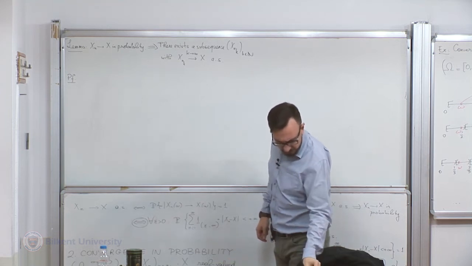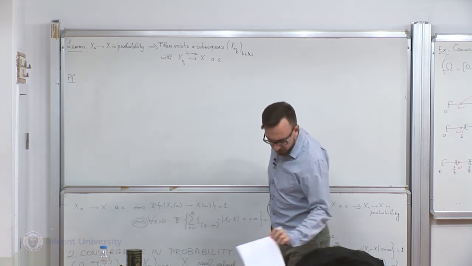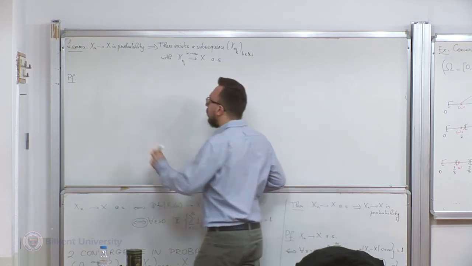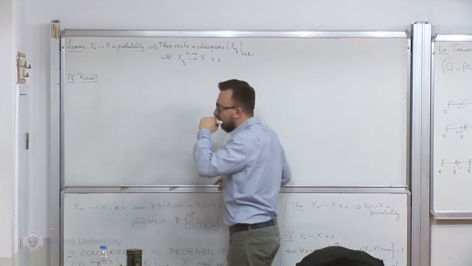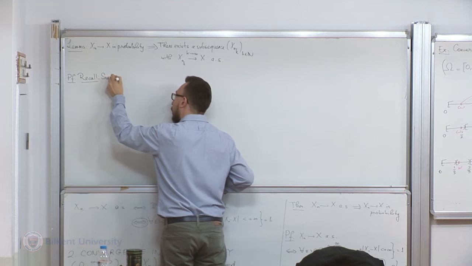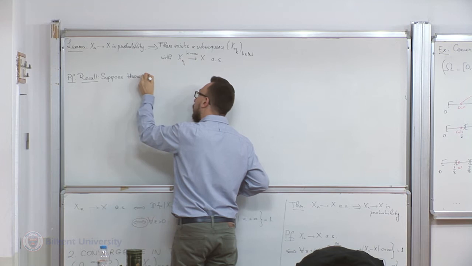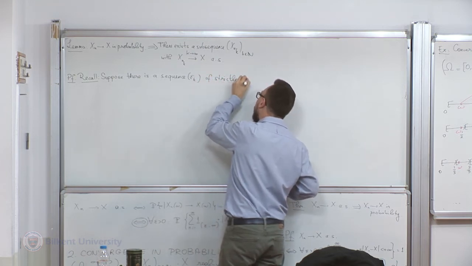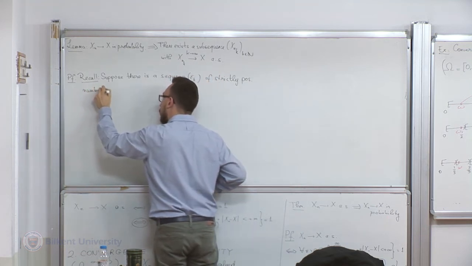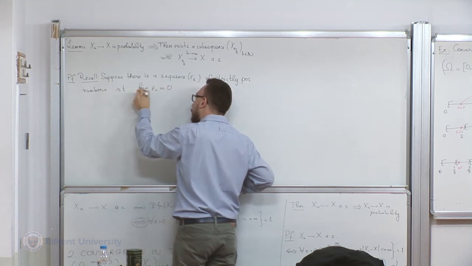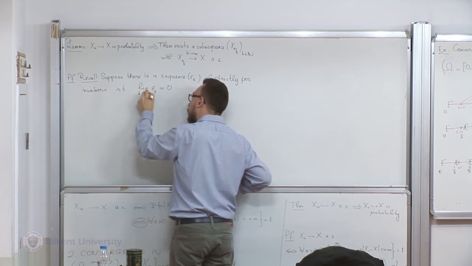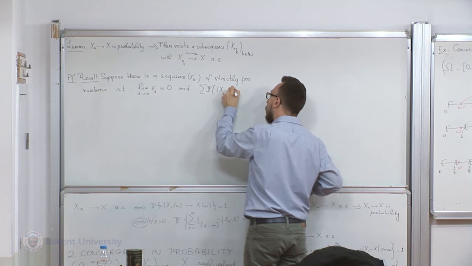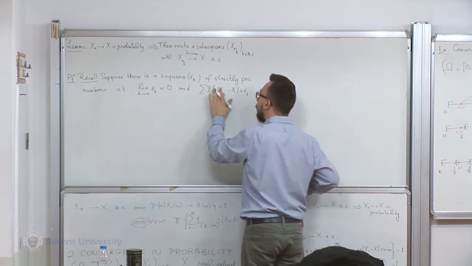Okay, maybe I should remind you of some corollary of the Borel-Cantelli lemma from last time, because that's what we're going to use. So recall, suppose there is a sequence epsilon_k of strictly positive numbers such that they converge to 0 as k goes to infinity, and the sum of probabilities, let me use y, okay?